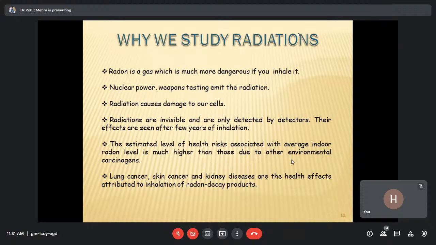I have already explained that if alpha is there, you can stop it at your body with your shirt. If you are wearing that, alpha will not affect your body. But if you inhale that alpha, it can damage your internal organs. So radiations are invisible and are only detected by detectors, and their effects are seen after a few years of inhalation. They are not instantaneous.